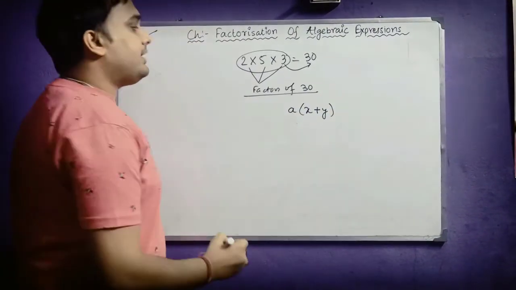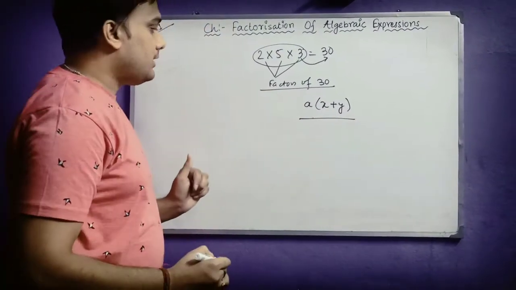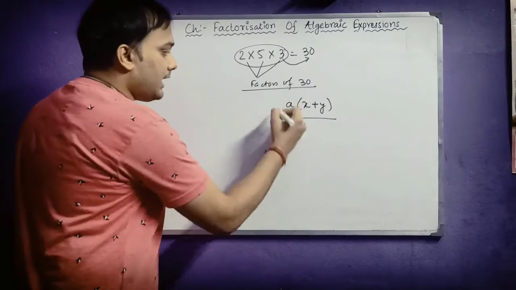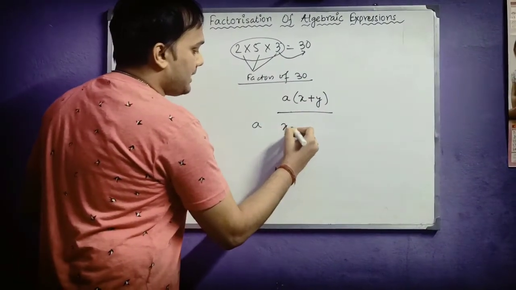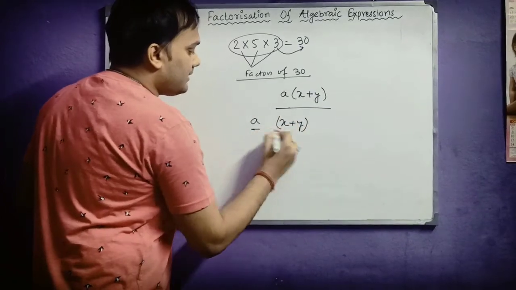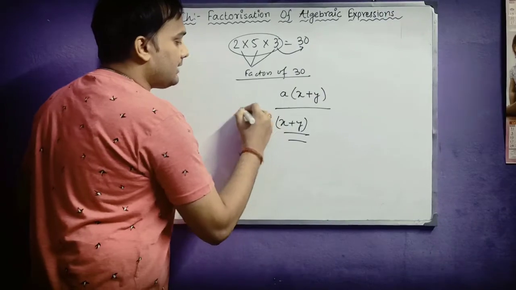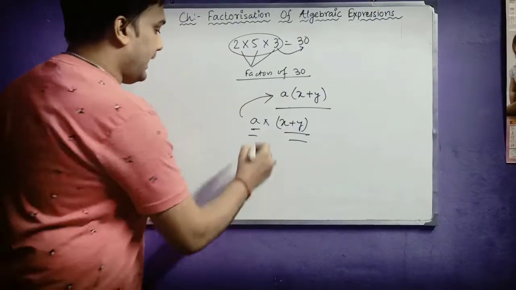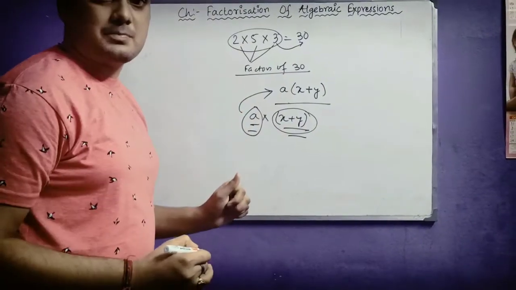Obviously this is a polynomial. Now you can see that there are two terms here. One is a and the other is x plus y. If I multiply these two things, I will get this one. So we can say that a and x plus y are the factors of a into x plus y.